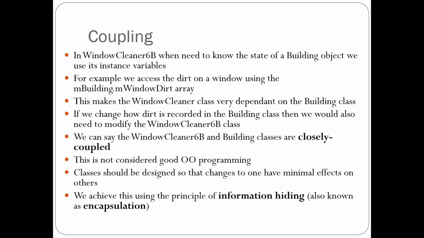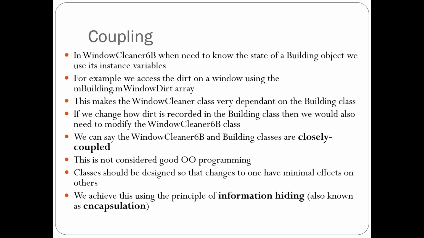So what we're trying to do now is write programs where the data and methods that belong to individual objects in our program are actually enclosed within each separate class. So what we're doing is trying to separate out the main objects that belong in our programs. So what we've got in the example of 6B is we have a window cleaner class.